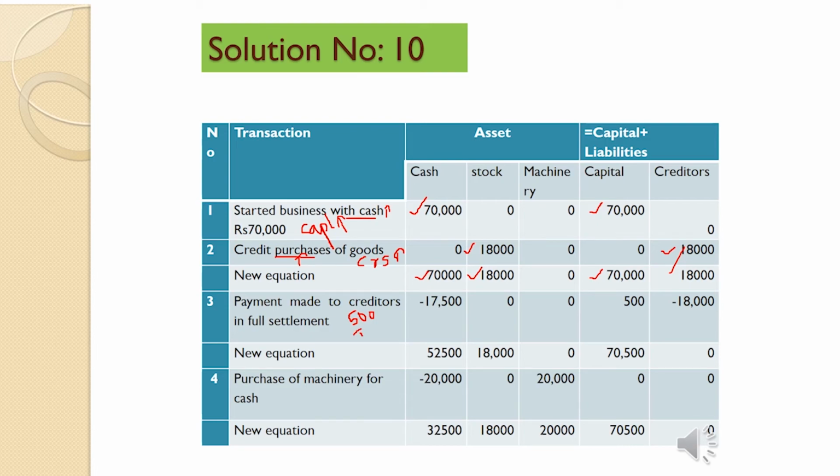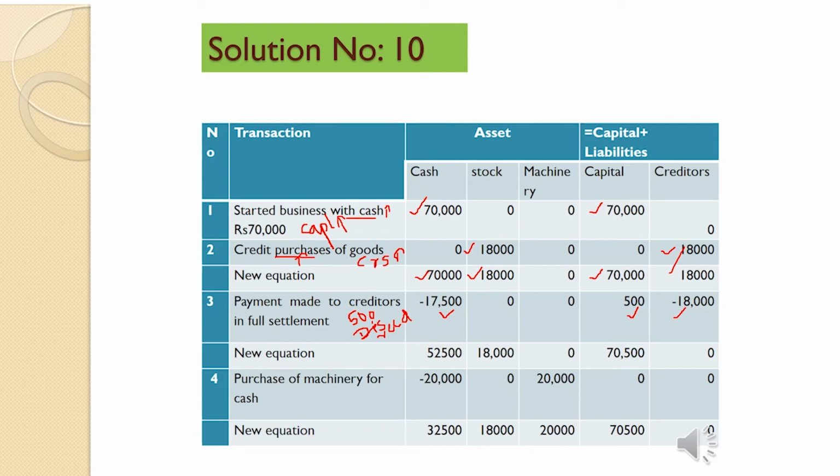Discount received means 18,000 is the value of goods and we have to pay only 17,500. So 18,000 minus 17,500, the difference is 500. That is the revenue, and it is added to the amount of capital.